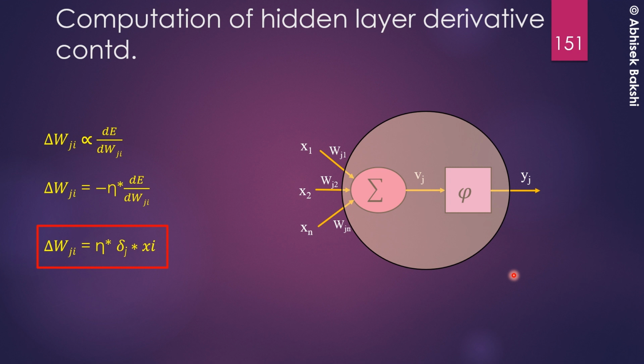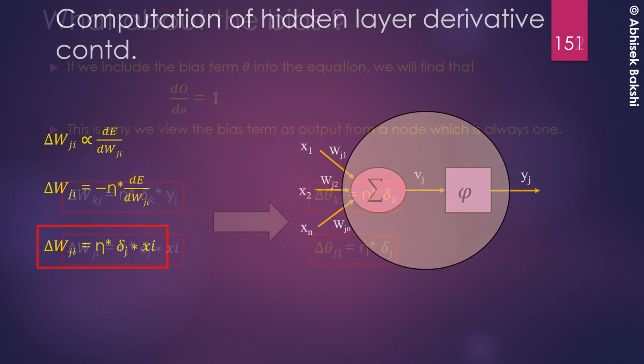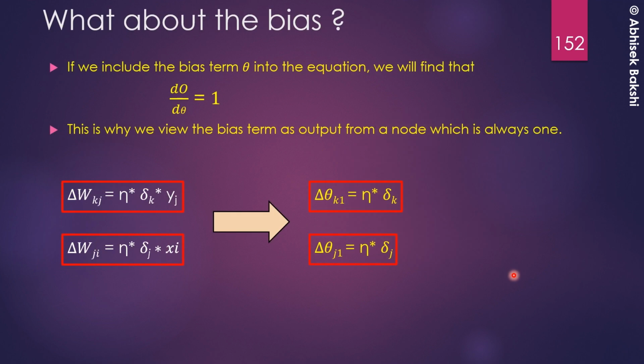If you can recall the concept of bias in an artificial neural network, you have to have some bias. So if we include the bias term, say for example theta, we will find that the derivative of output with respect to theta is equal to 1. This is why we view the bias term as an output from a node which is always 1.